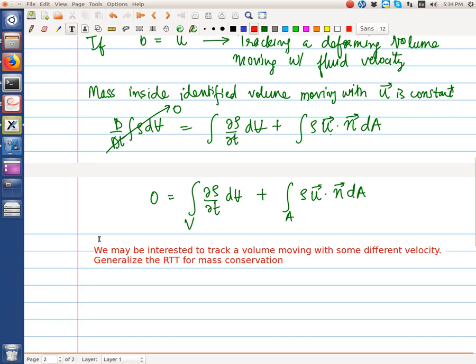RTT stands for the Reynolds transport theorem. So the Reynolds transport theorem told us already that if we have a volume moving with some arbitrary velocity, I will use d instead of capital D, it's easier for me. This was in general V star. The star indicates that the volume is not moving with the fluid velocity.